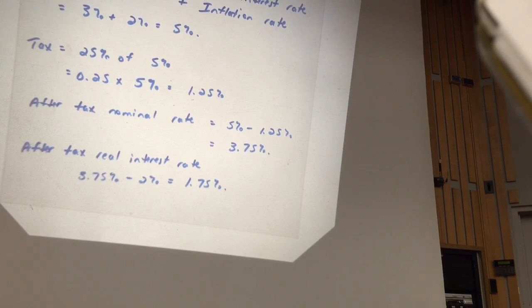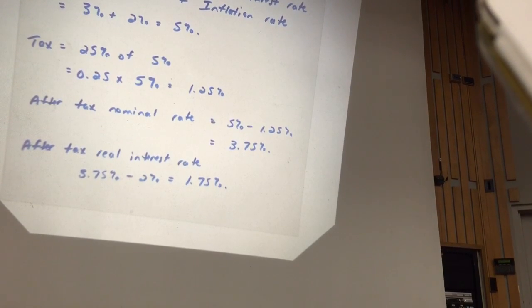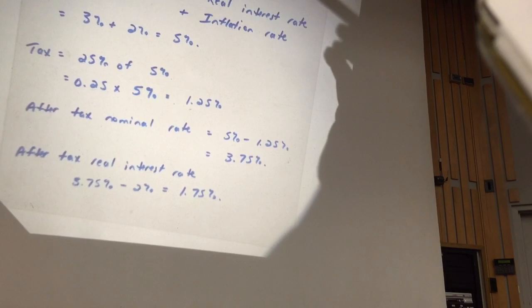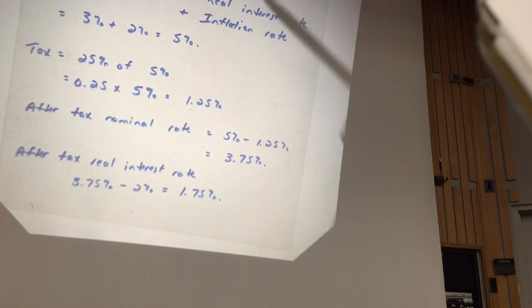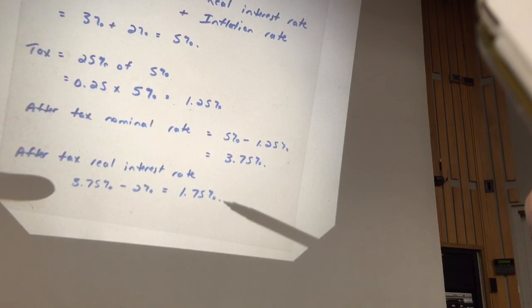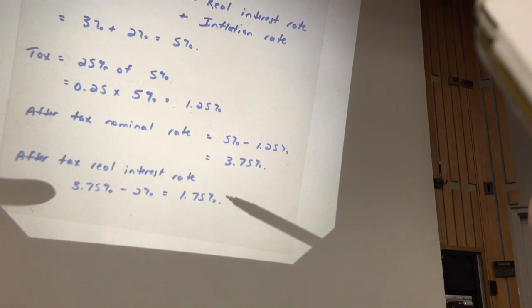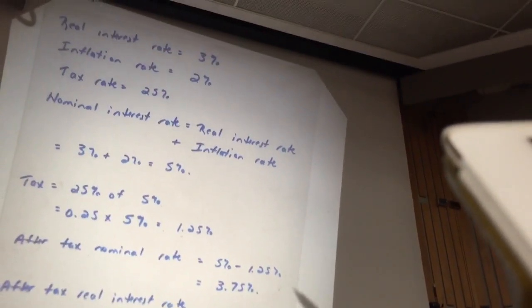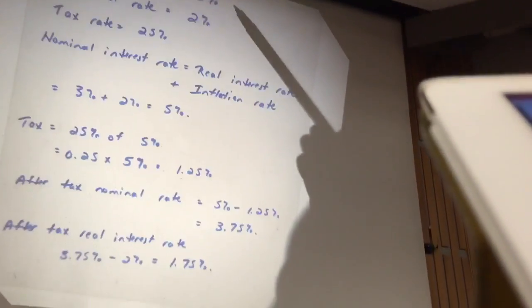So what is the actual interest rate that I'm paying? Well, I was making 3%. After tax, I'm only making 1.75%. So tax-wise, I'm paying 1.25% of 3%.